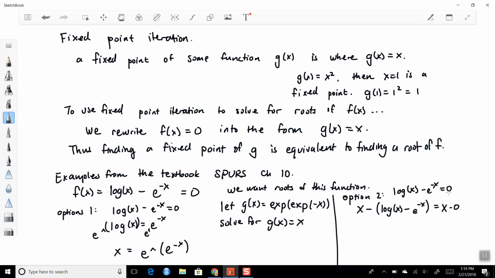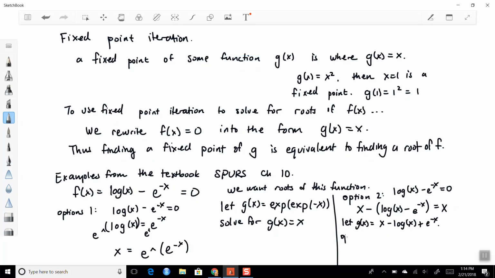And so that just becomes x. And so we'll let g of x equal to x minus log of x plus e to the negative x, and then solve for where g of x is equal to x.